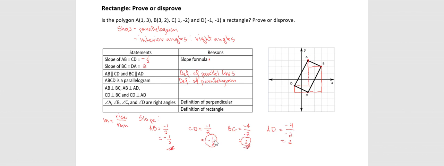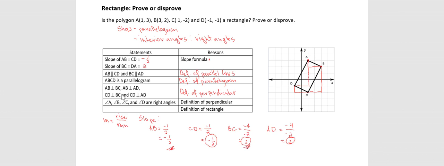That is the negative reciprocal of the slope of line segment AD. So line segment CD is perpendicular to line segment AD. So this is by the definition of perpendicular lines using the slopes of given lines.